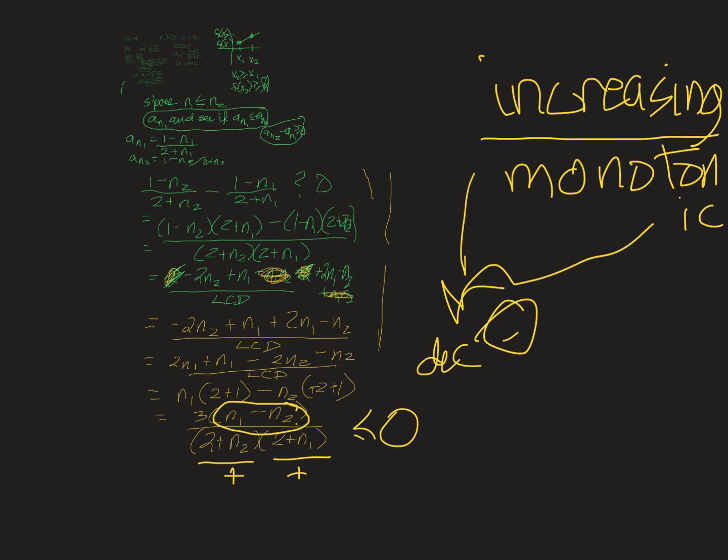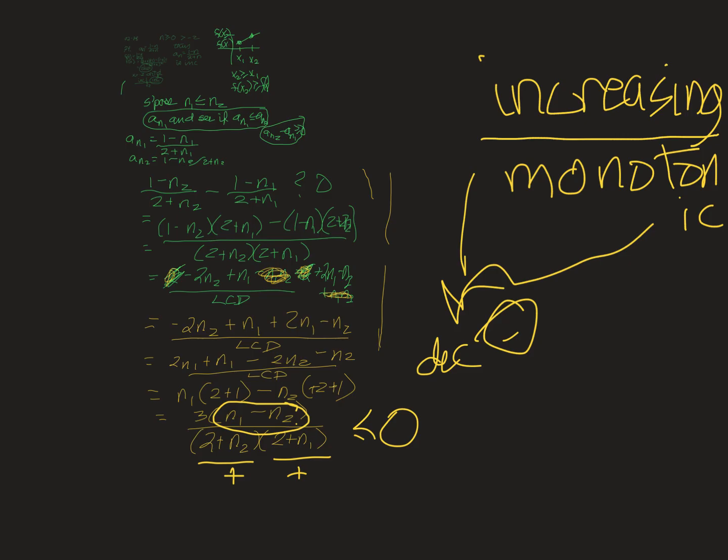And to bound the sequence, that means we just need to find a number. If it's increasing, that means we need to find a number that's always above this sequence.